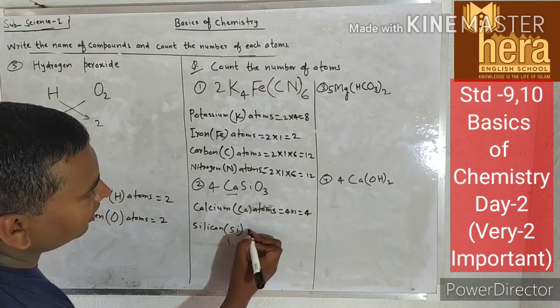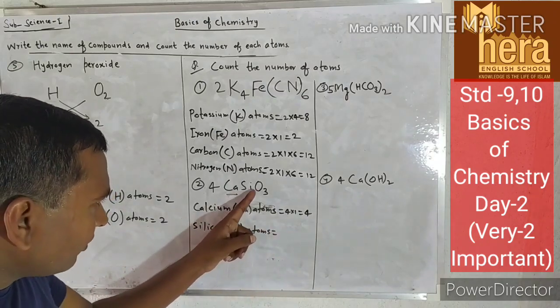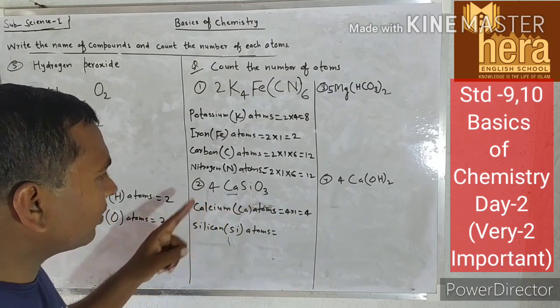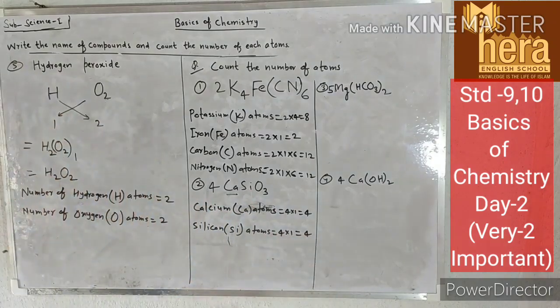Symbol Si, atoms, here is 1, here is 1, here is 4, then 4 into 1, that will be equal to 4.